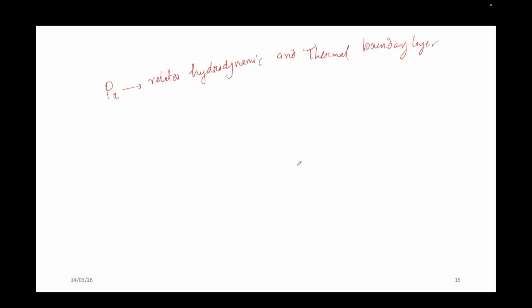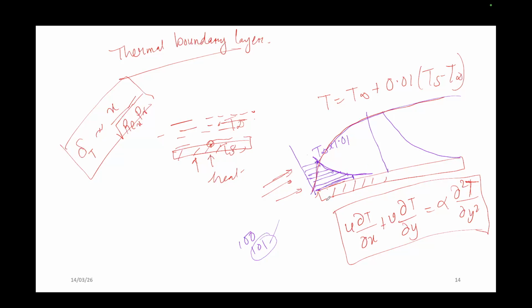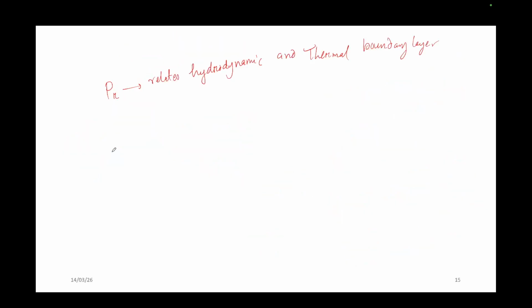So can you say that for a given value of x, x basically means this thing, this is your x. For a given x, is it possible that this thermal boundary layer thickness, this δt, and δ both are equal? So that can be a question. In some scenario, maybe if this is the height of the thermal boundary layer and this is the height of the hydrodynamic boundary layer, if both are equal in certain cases, is it possible? So you have to look upon this thing.